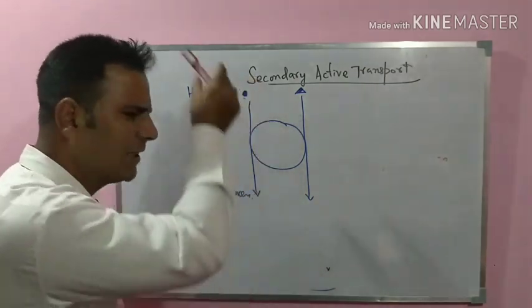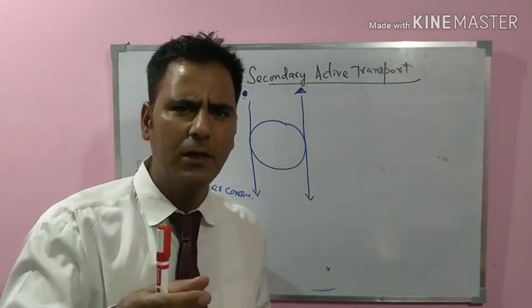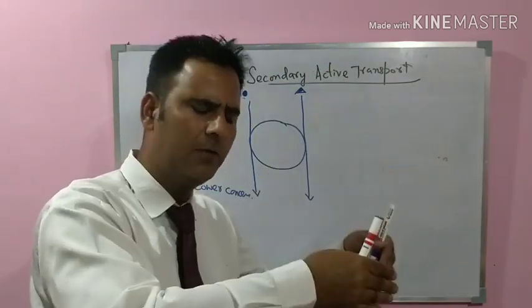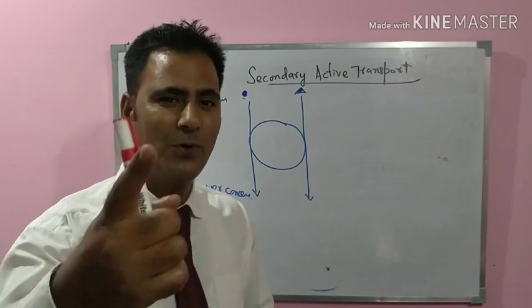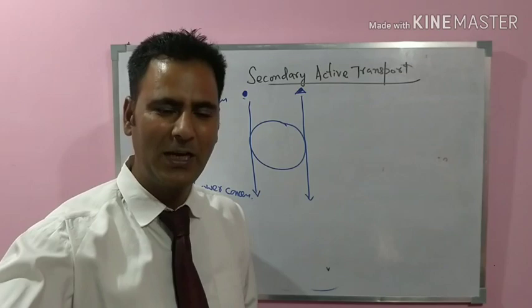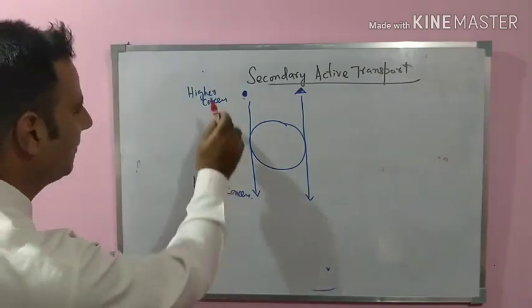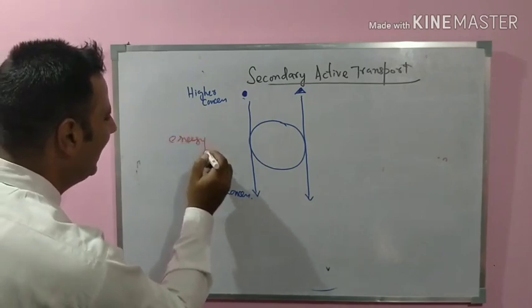When any substance follows the concentration gradient or electrochemical gradient, definitely its potential energy is going to decrease. Potential energy is going to get converted into kinetic energy. Some of the energy will be released. It is following the gradient. Some of the energy will be released.